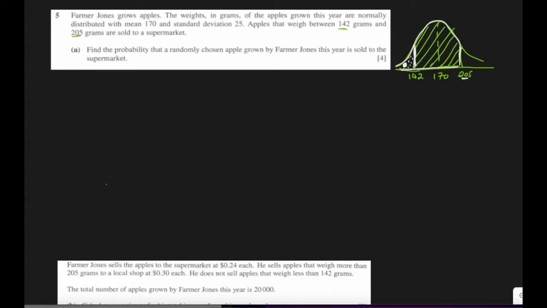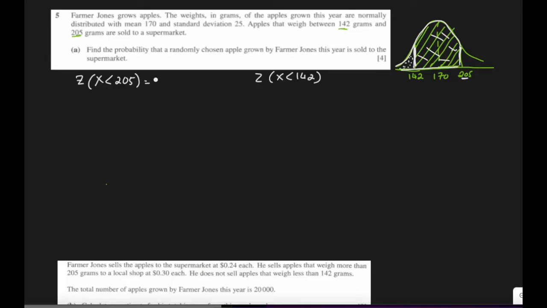So if I remove this blank part from the total area, I will be left with the one I want, right? For this, we'll have to find z scores first. So let's find the z score for x less than 205, and z for x less than 142.